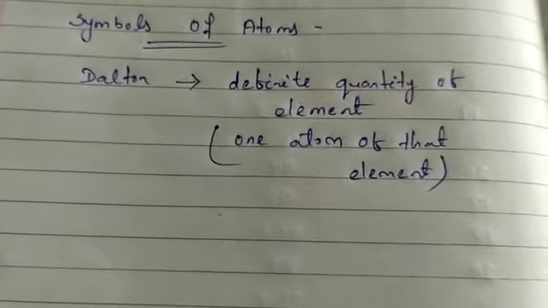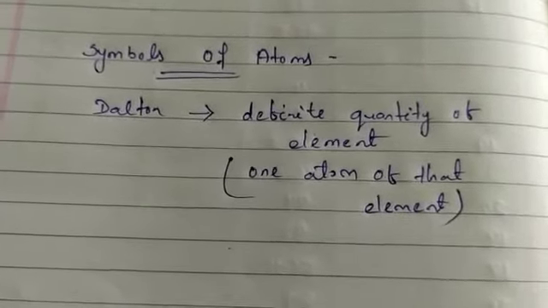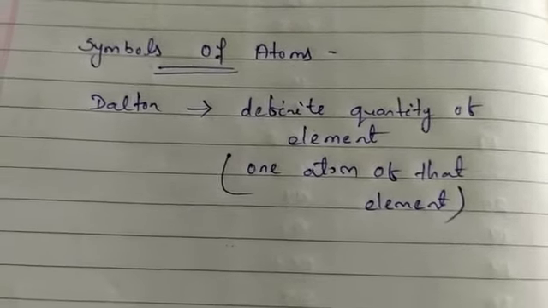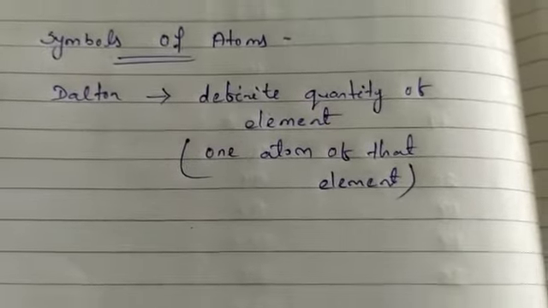After that, Berzelius suggested that the symbols of the elements be made from one or two letters of the name of the element, so that it will be very easy for us to remember.